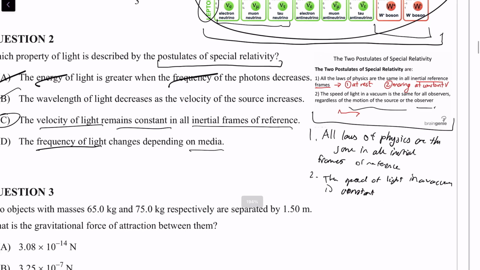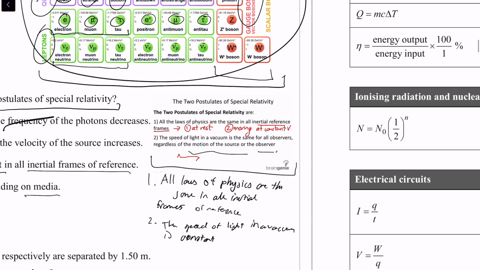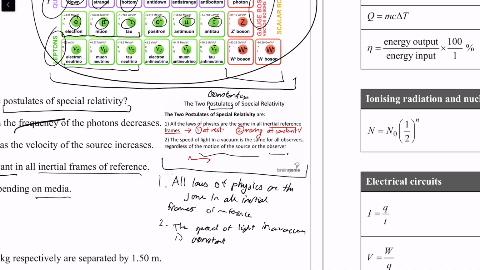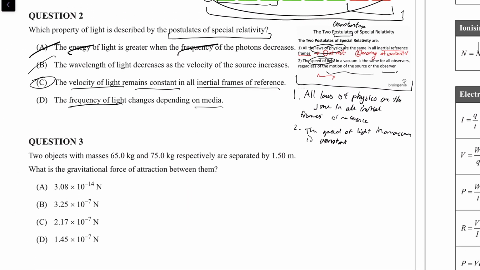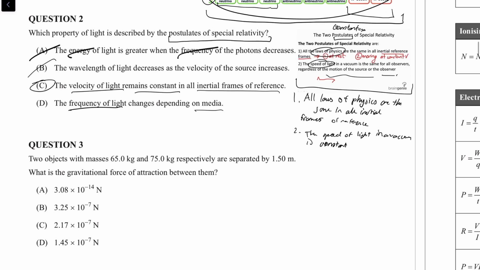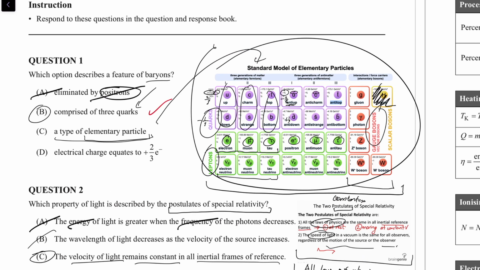No, the postulates are really about constants. C. Okay, saying that things are the same. So the two main things that are the same are the laws of physics and the speed of light. Cool. So that's our answer there. I'll check these as we go.